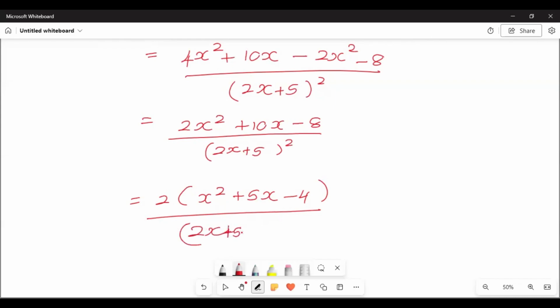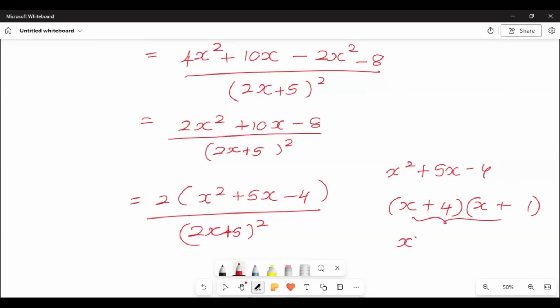Because even if you try to find the factors for this one, x to the power of 2 plus 5x minus 4, let's hope it's going to be 4 times 1. No, it's not going to happen, because from this it's going to be x to the power of 2, 4x, 1x, 5x. Yeah, that one is also right, but the last one is not correct. So this is not applicable for this one.